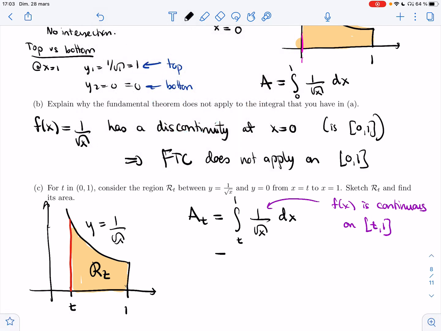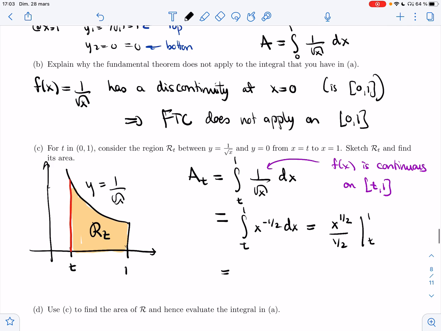And so I'm going to get this x to the minus a half, and so I'm going to get x to the 1/2 over 1/2 from t to 1, and so I'm getting 2 root of 1 minus 2 root of t, so that's 2 minus 2 root of t. Let me just put here FTC. I can use FTC.